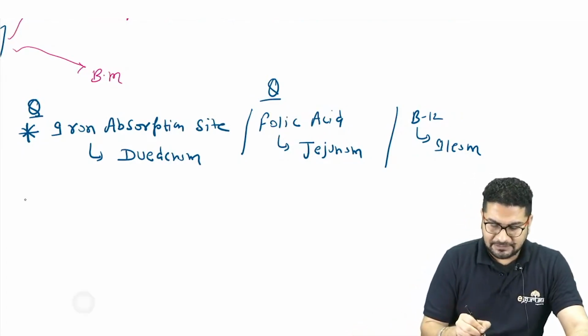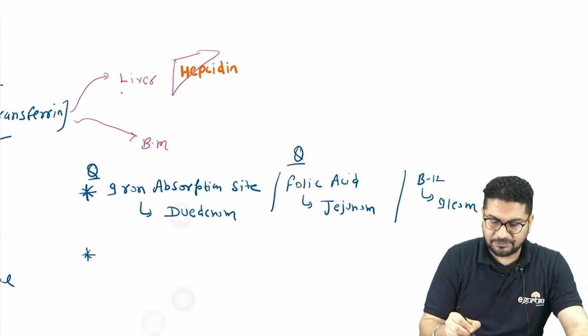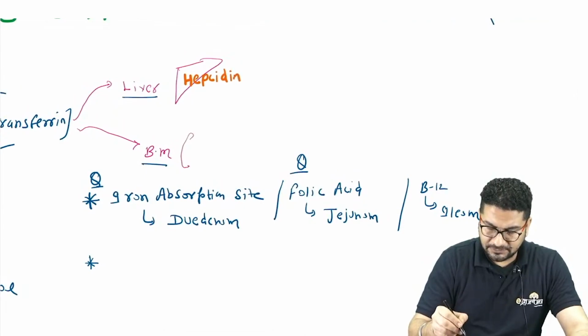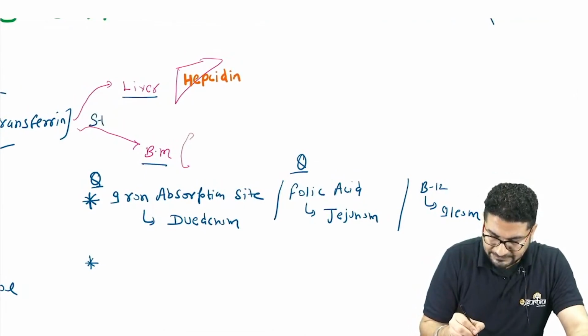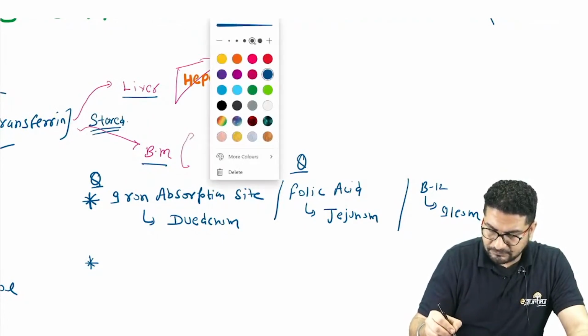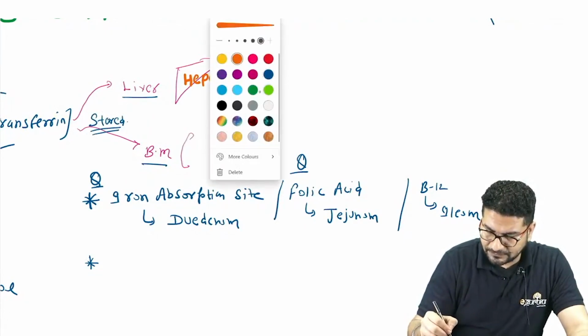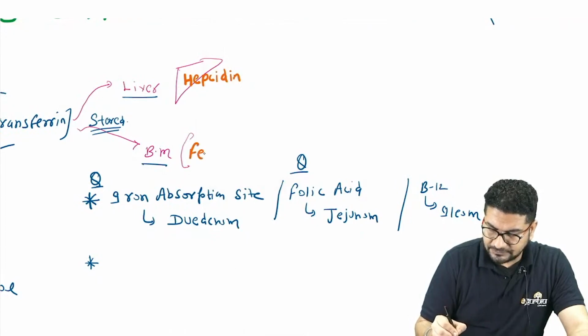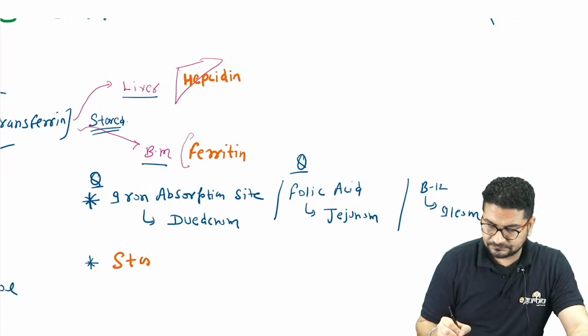Iron is stored in the liver or bone marrow. The stored form of iron is ferritin. So if I ask, iron is stored in which form?